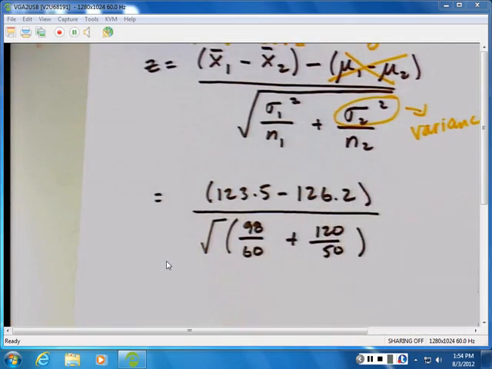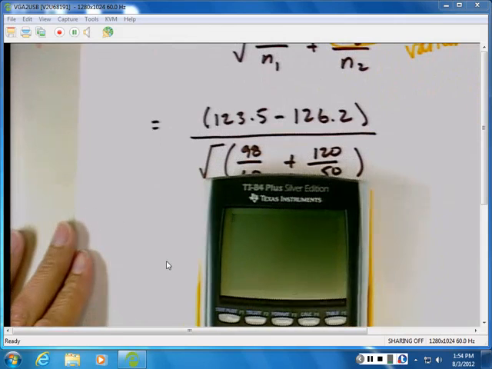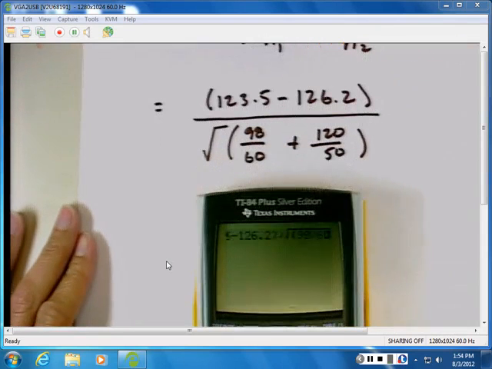Close parentheses. So I'm going to type that into my calculator exactly like you see it. I'm not going to change anything as I'm typing this into my calculator. So I've got parentheses 123.5 minus 126.2 divided by square root of parentheses 98 divided by 60 plus 120 divided by 50.